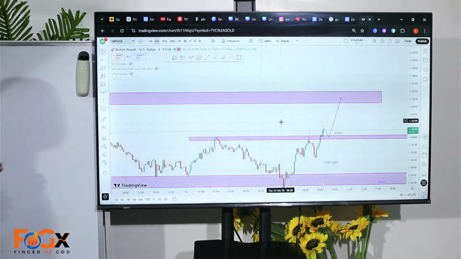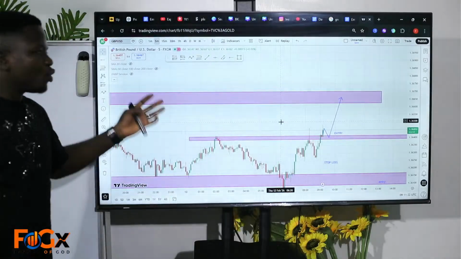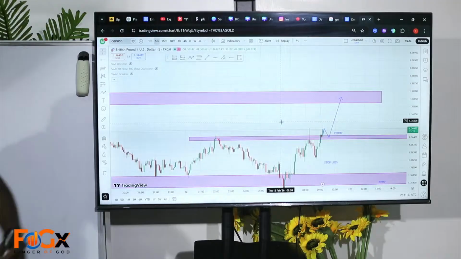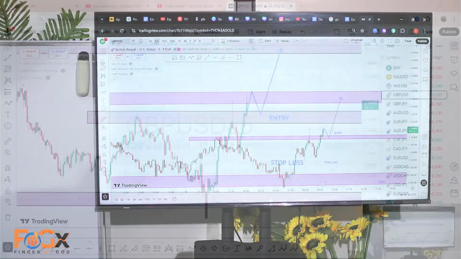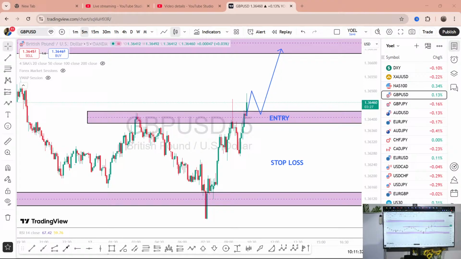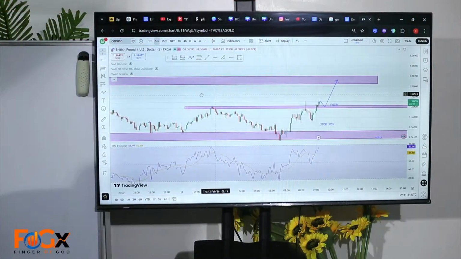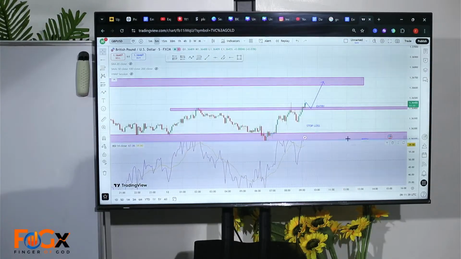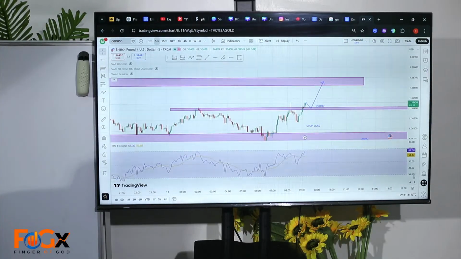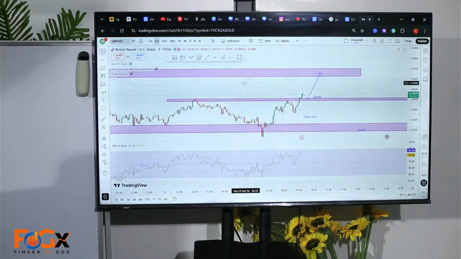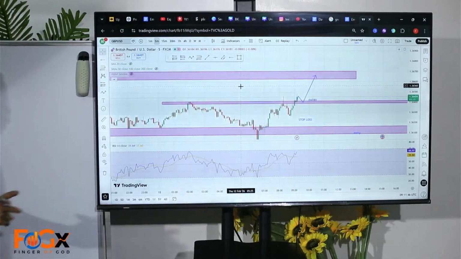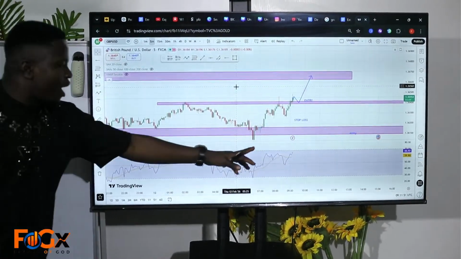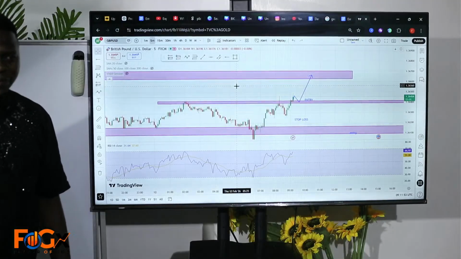The only thing you now need to do is to add any of your indicators to it for more confirmation. Let's say you are using RSI. RSI is saying it's already entering overbought on our microstructure.